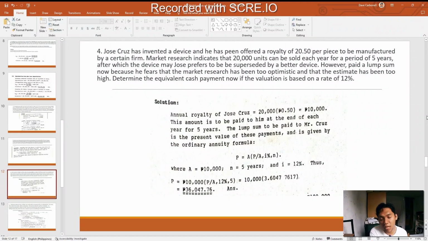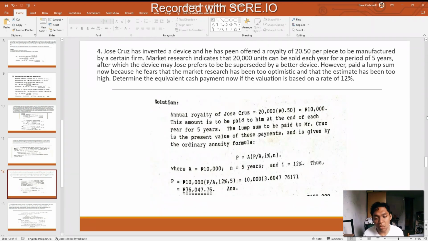So basically, Mr. Jose Cruz invented a device and was offered a royalty of 20 pesos 50 cents per piece by the firm. The firm's research found they can sell 20,000 units per year over a span of 5 years, after which the device will be improved into a better device. However, Jose asks for a lump sum, a large single payment, because he fears the market research is too optimistic about the units sold per year, and the estimate is too high.